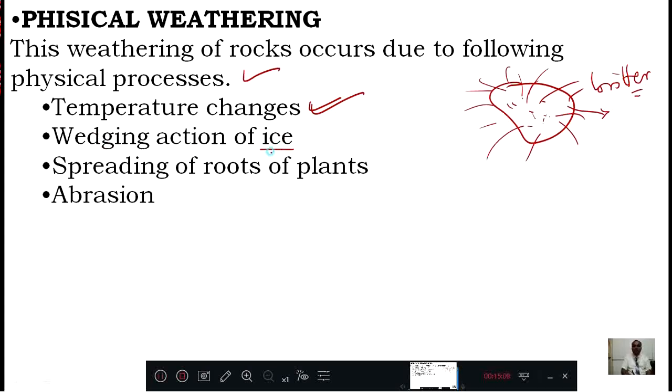Wedging action of ice. One thing you should always know: if you put 1 liter of water in the fridge, and when you take it out it has become ice, and you measure the volume, it will increase by 10% or 20% based on the purity of the water.